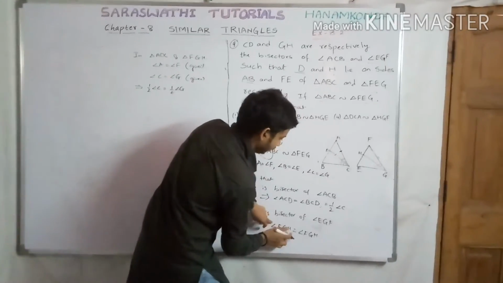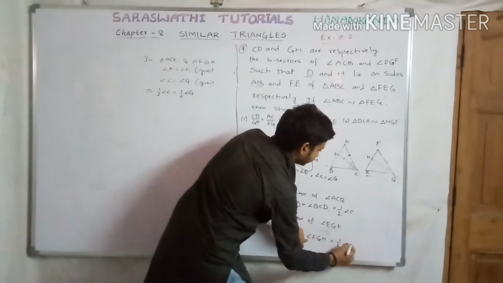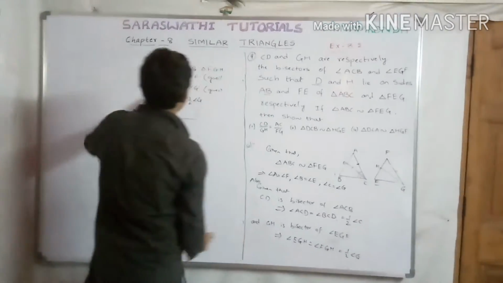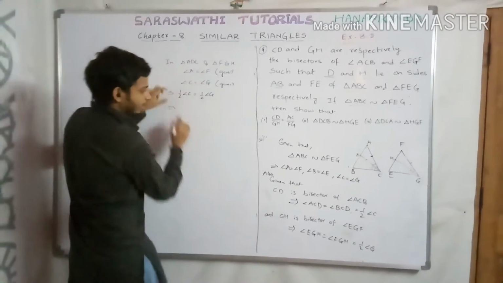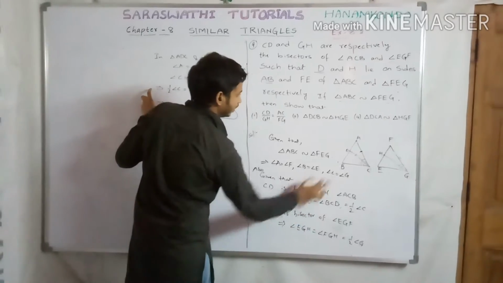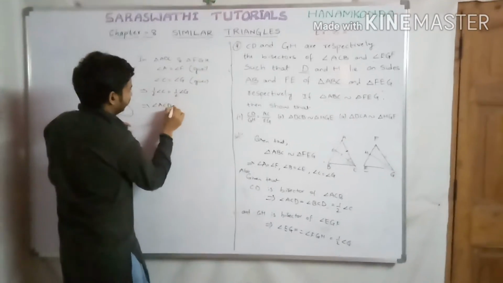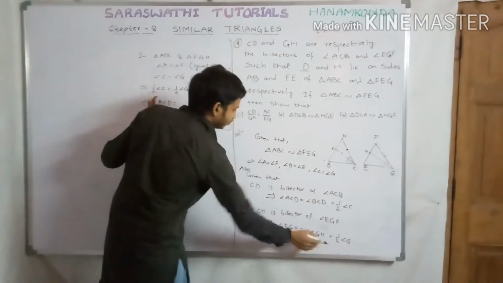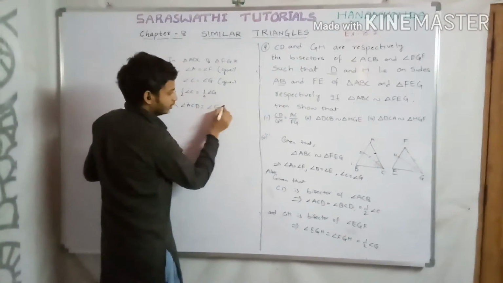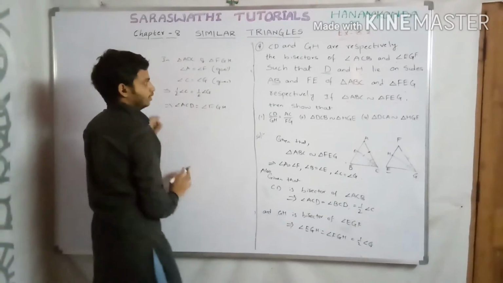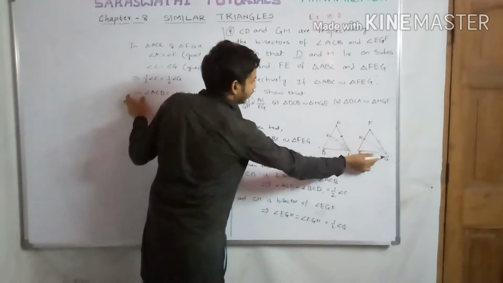Similarly, angle EGH equal to angle FGH equal to half of angle G. So angle ACD equal to angle FGH. Now consider the two triangles, triangle ACD and triangle FGH.